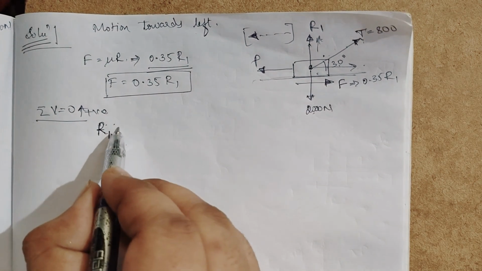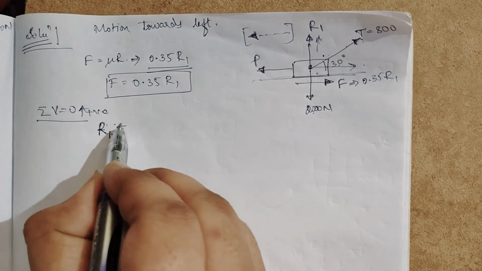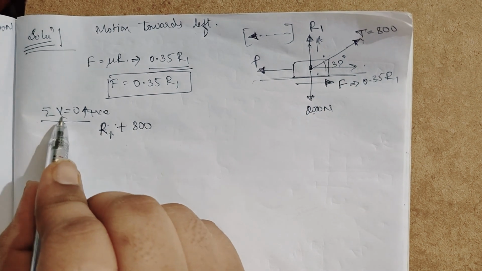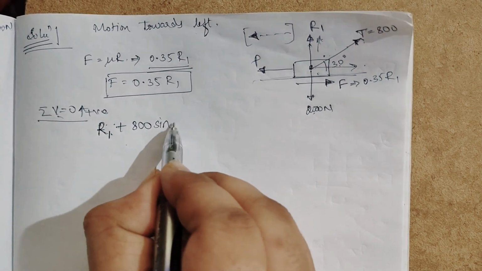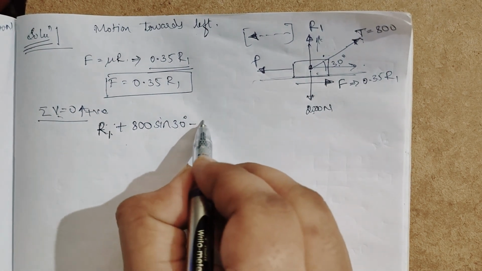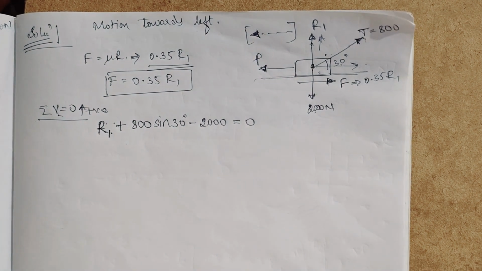So R1 is there, so I am taking directly here R1 plus T, whose value is 800, right? 800, what I am taking vertical, so sin 30 degree, then minus 2000 is equal to 0, correct?